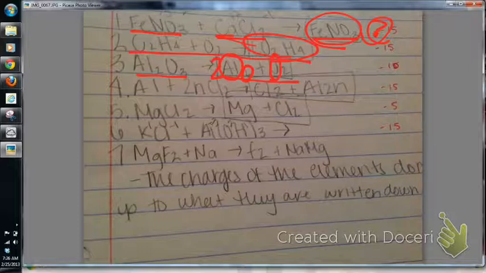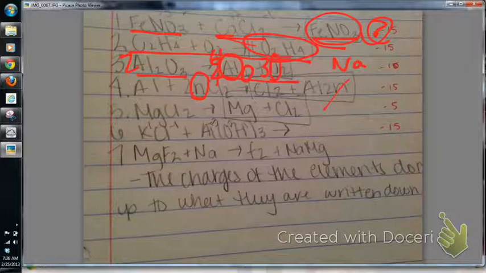And from the last one, we saw that the actual balancing should be 2, 4, and 3. So the balancing on this one was wrong, but the elements were correct. One of the problems here was that sodium is Na, not In, and that caused the whole problem to be wrong.